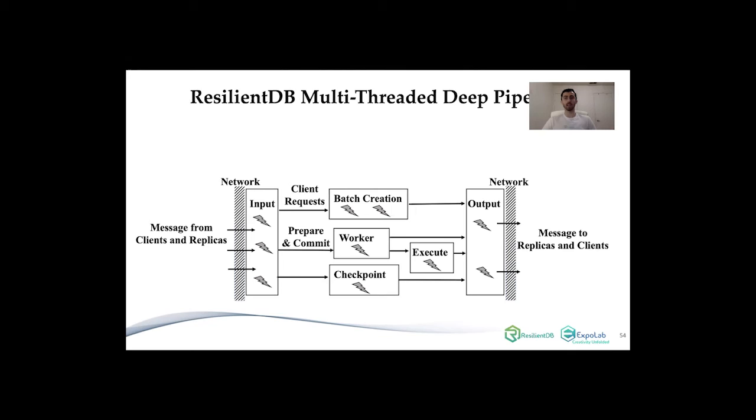Finally, we have the execute thread, which executes the transactions and smart contracts. There is just one execute thread, because we need to execute every transaction in a linearizable order. At the end, we have the output thread and output queues: the results of the worker thread are put in those queues, and the output thread sends them through the network to the other nodes.